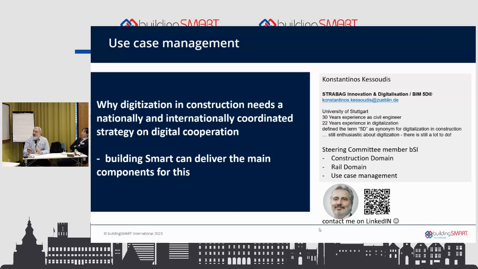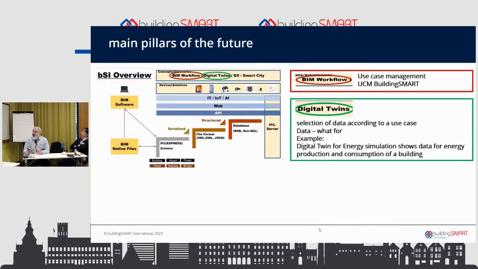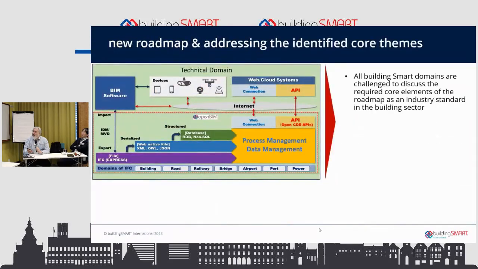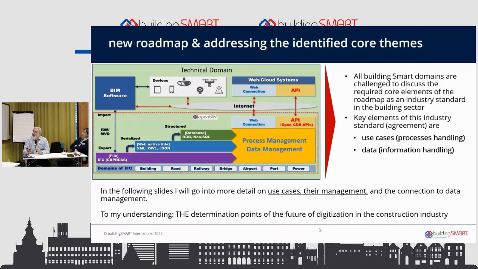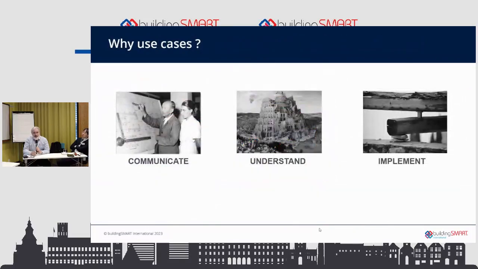I will skip some slides because there is some overlapping. So this is what was explained, but let's start here. Why use cases? Because we have to work together to do something in common, and it gets more and more digital. So that's all about this digitalization.